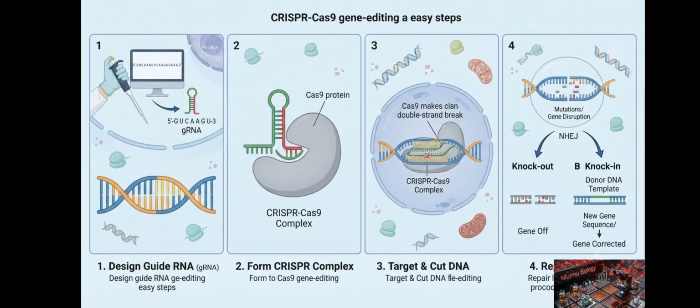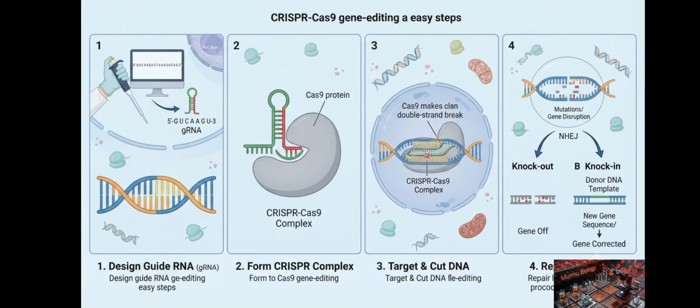The first step is to design the guide RNA. Here you can see GUCAA-GU. Opposite to this guide RNA, there will be a sequence in the genome of humans, mice, or any other host organism in which the CRISPR-Cas9 gene editing system is to be used.